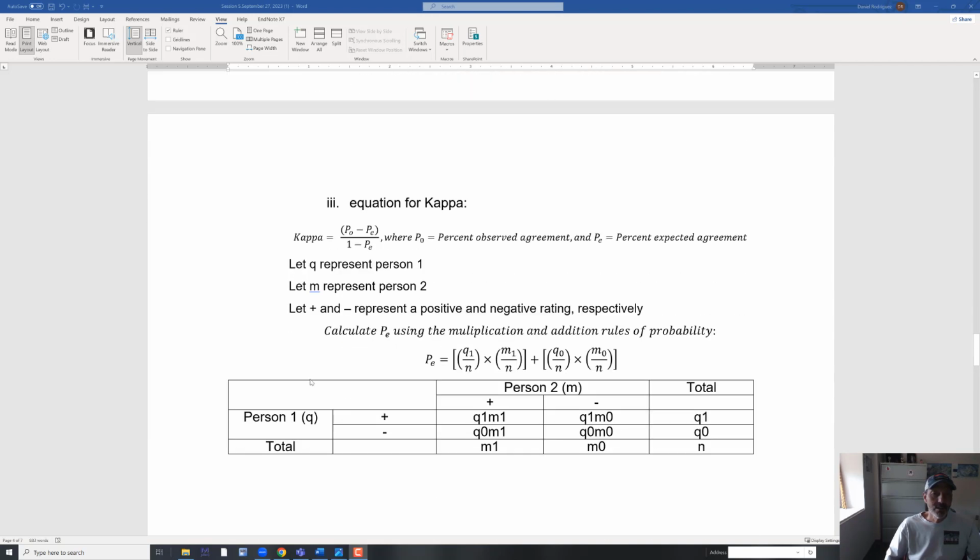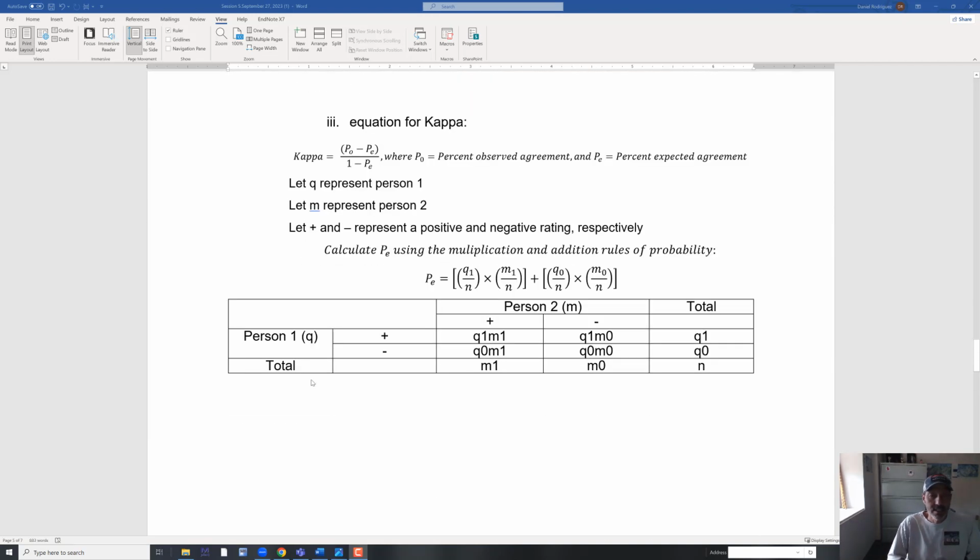So the equation we will use here is known as the Kappa statistic, and it is the proportion observed agreement minus the proportion expected agreement divided by 1 minus the proportion expected. So how much above and beyond what is expected can be attributed to our measure, the difference between the observed and the expected measure.